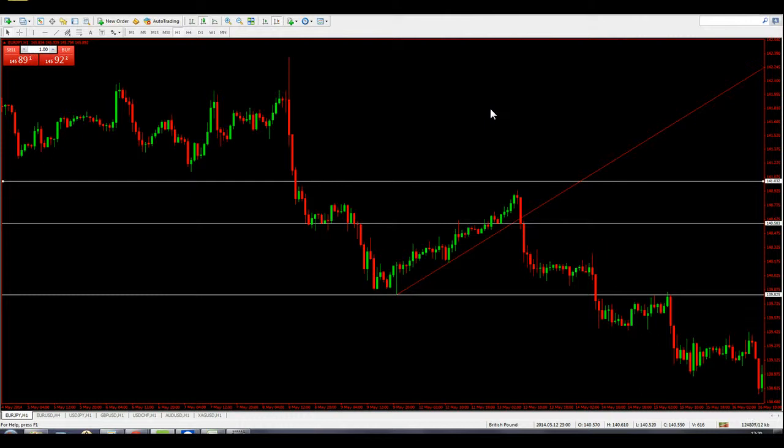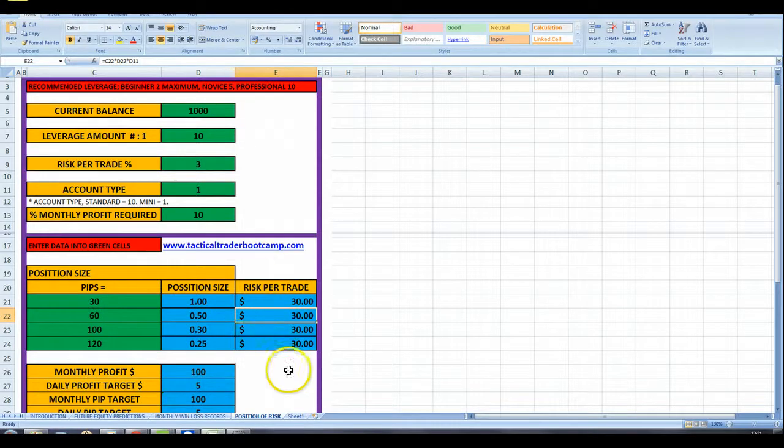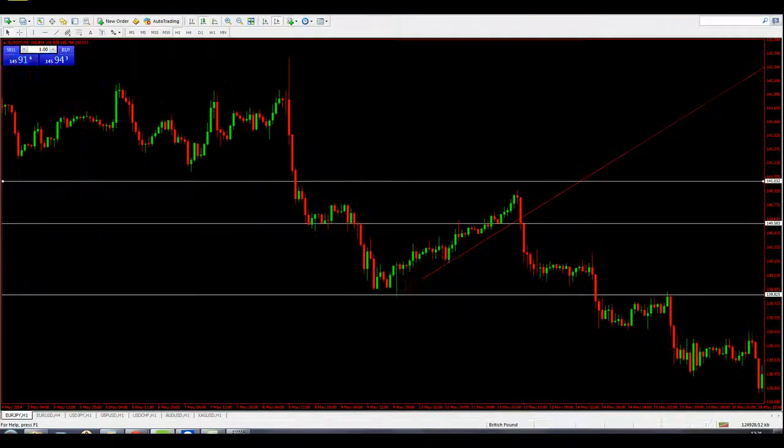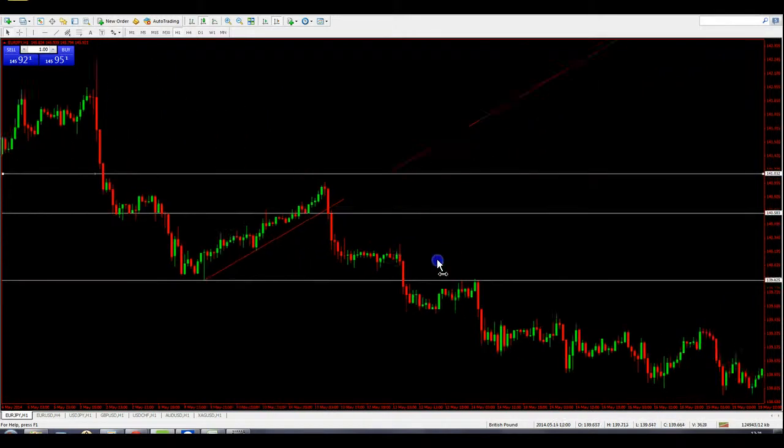So we don't need to capture every single move, we just need to capture the best moves, the most probable and the most favourable from your money management perspective. So we've been through all the figures with the money management, had a little look at the charts and gone through some descriptions and possibilities.